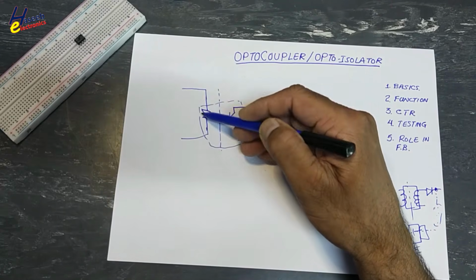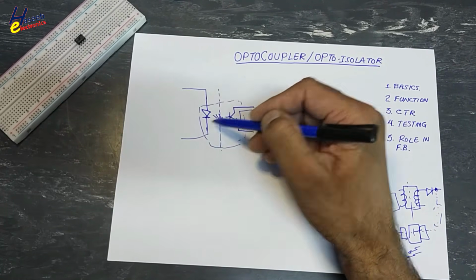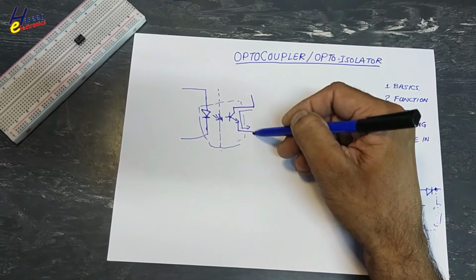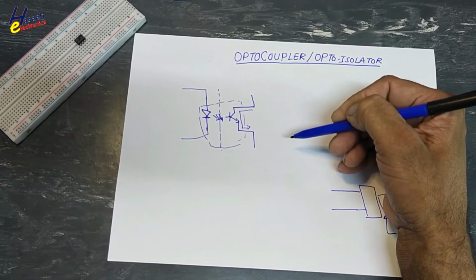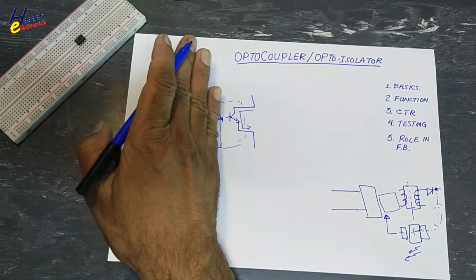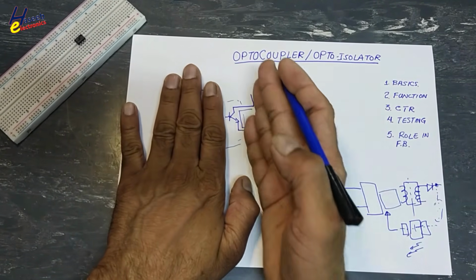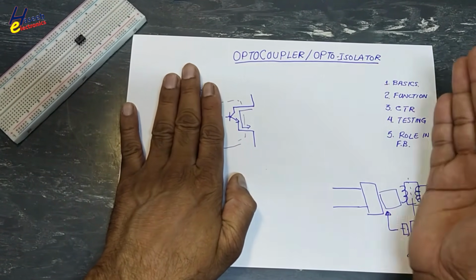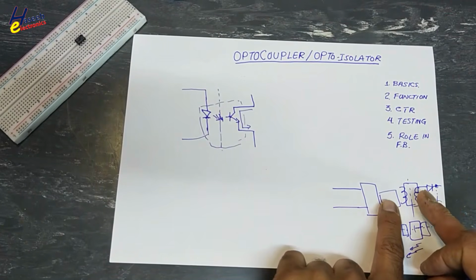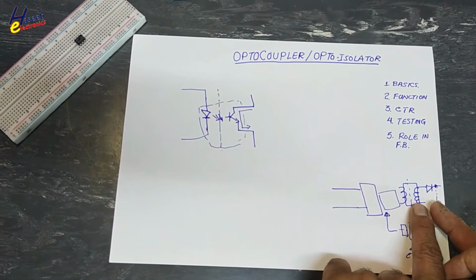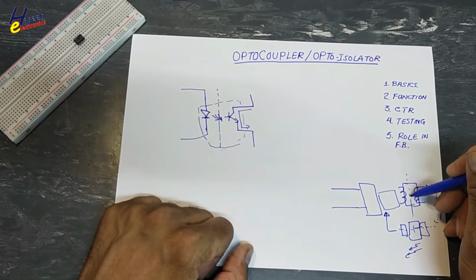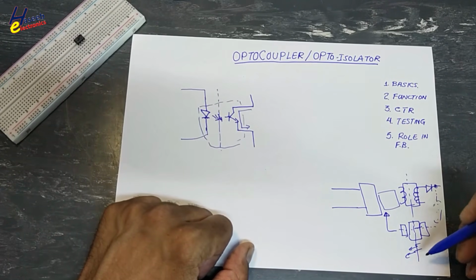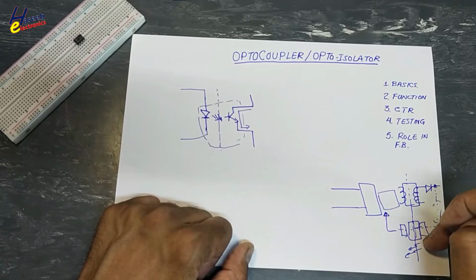When current flows from anode to cathode, this transistor is connected in any circuit. This is connected in one circuit, and this portion is connected to a second circuit. So both circuits, the high voltage section and the low voltage section, are now separated. Here is magnetic flux, here is optical line of sight. No physical electrical connection between these two portions.